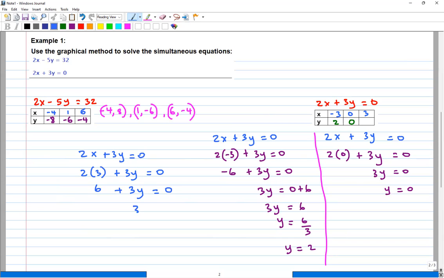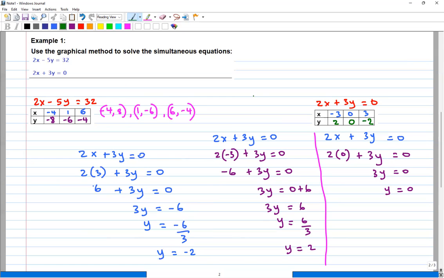Now we have 3y is equal to minus 6. We take this 6 to go this side, so that's why we have it as minus 6. So y is equal to minus 6 divided by 3, and y is minus 2. So when x is 3, y is minus 2.